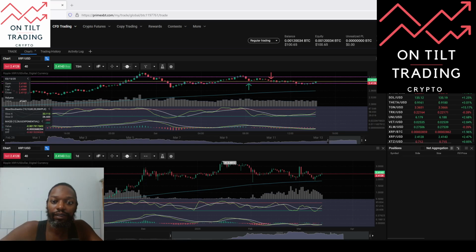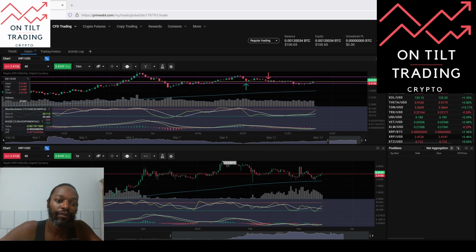This is the daily. First of all, I usually check this blue line right here. This is also a blue line right here. This is the 200 EMA. Same thing right here, this is the 200 on the daily.